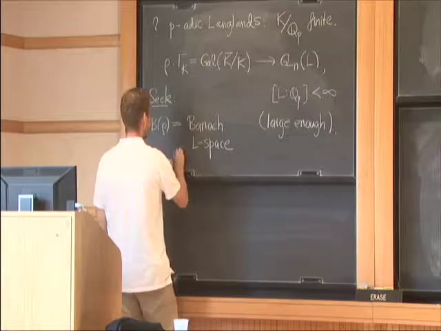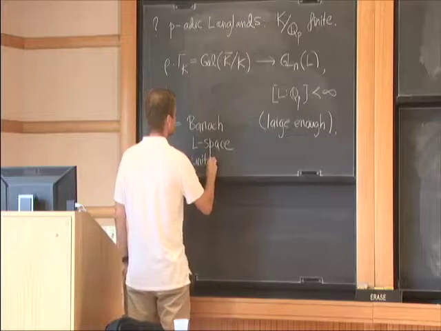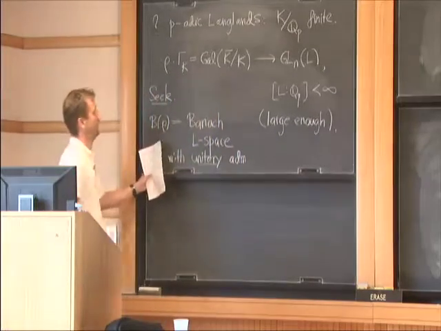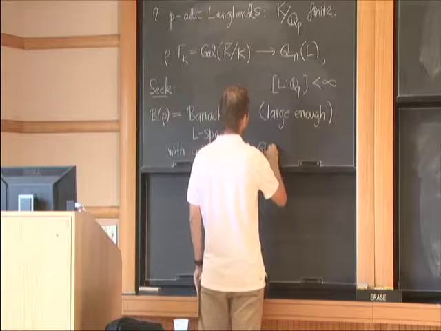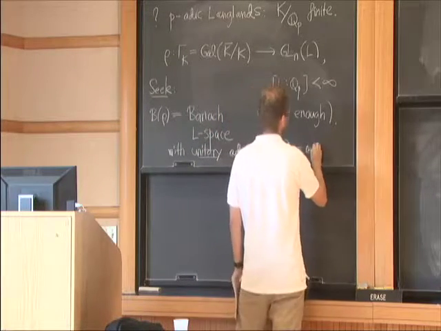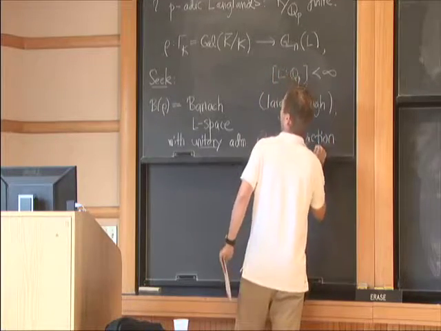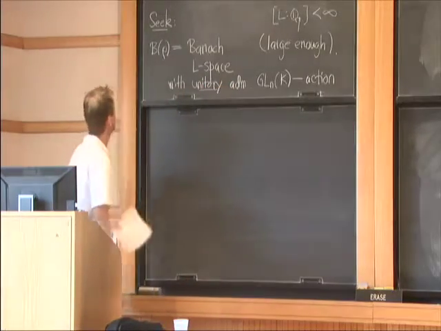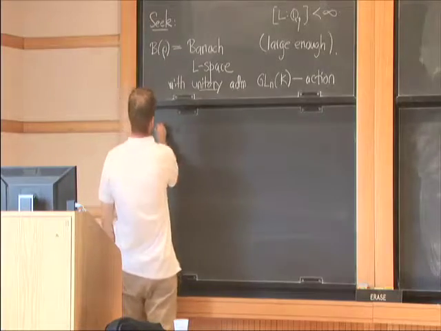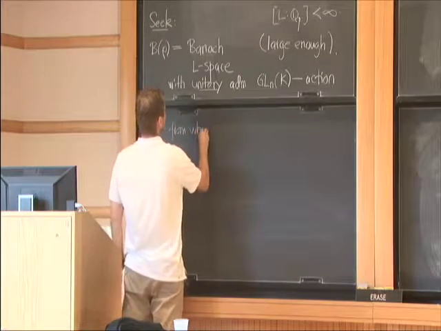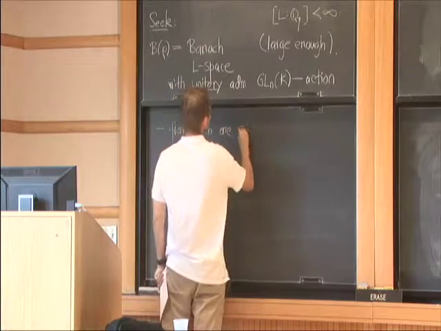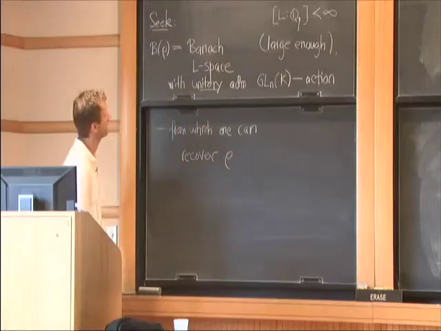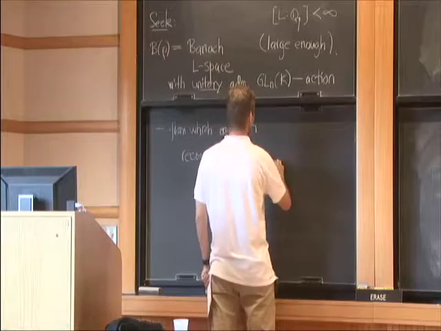So somehow endowed with some unitary, admissible, in some sense, action of GL_n(K), which should satisfy various compatibilities, and you should somehow be able to recover rho from that Banach space, right? And satisfying all these compatibilities.